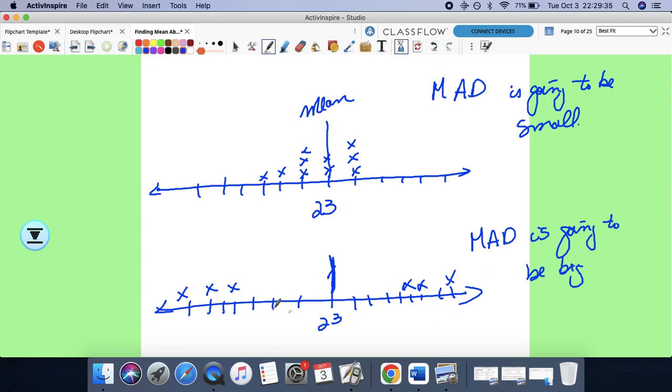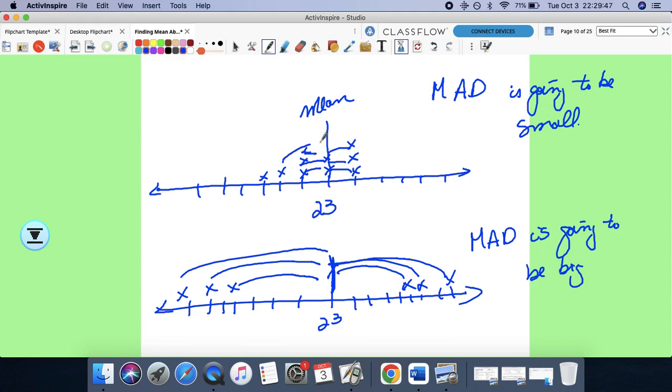Why? Look at the distance. Look how far they are. And right here, they're really close, or at least they're closer than the bottom one. They're close to the mean, and this one they're far from the mean.